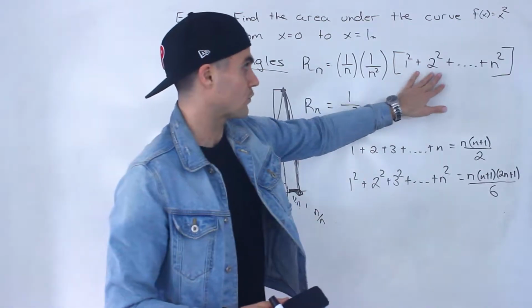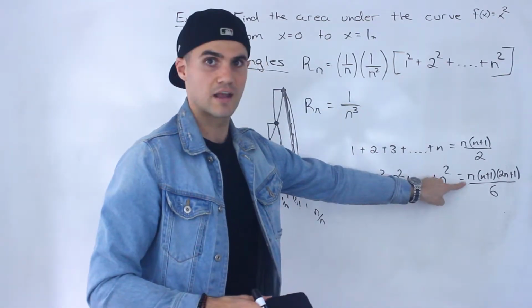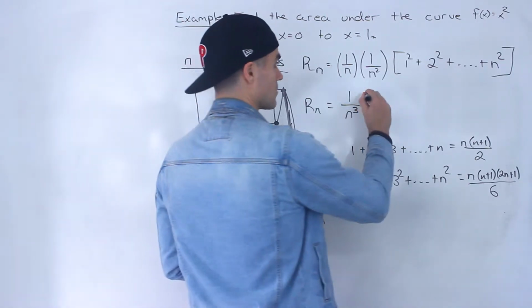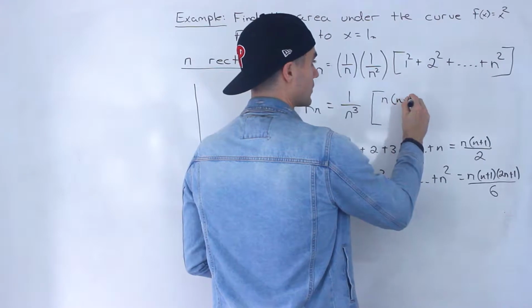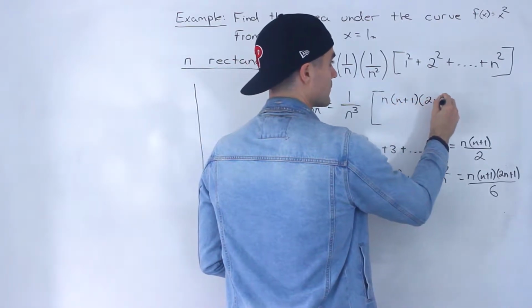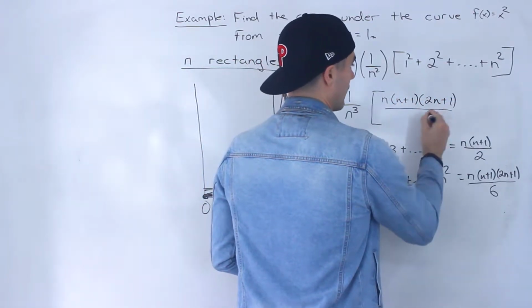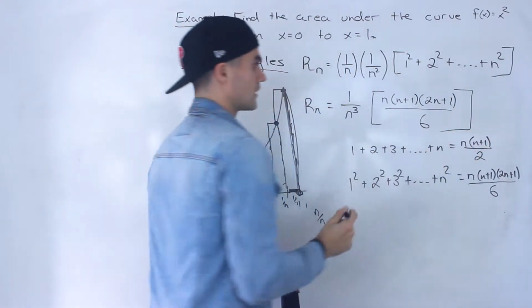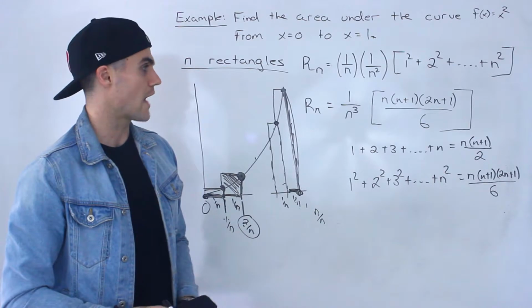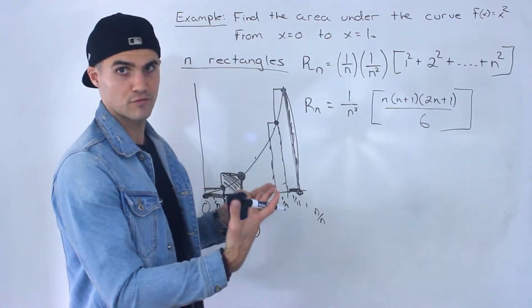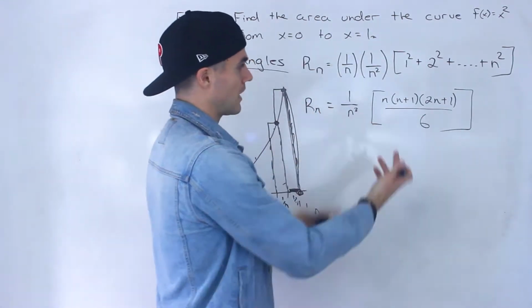So here, for this square bracket, we could sub in this formula over here. So what I'm going to do is write n times n plus 1 times 2n plus 1, and then all of that is going to be over 6. So I took this and then converted it to that. And then from here, what we can do is simplify further. We're just going to basically multiply these two terms.